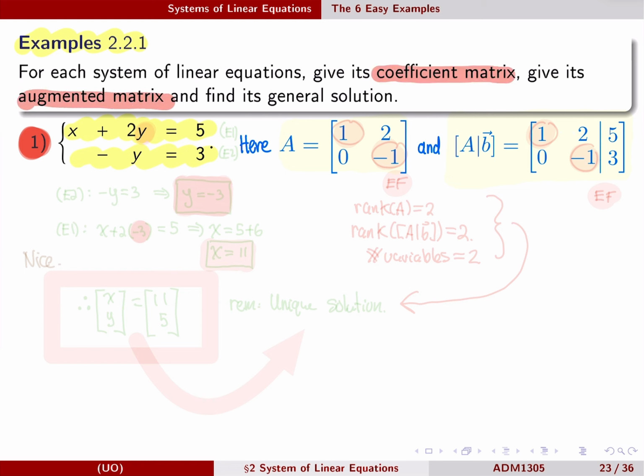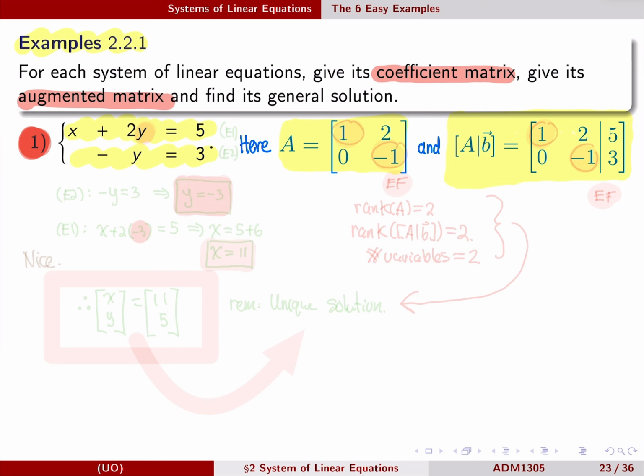So here you can see that the matrix A is the matrix 1, 2, 0, minus 1, and the augmented matrix, the same matrix A, 1, 2, 0, minus 1, but with an extra column of the constant terms, 5 and 3. And this is something that we're always going to ask you first: here's the system, give us the coefficient matrix and the augmented matrix.